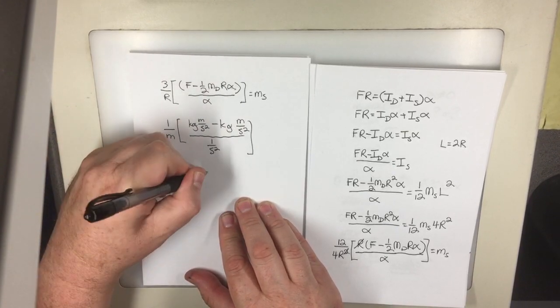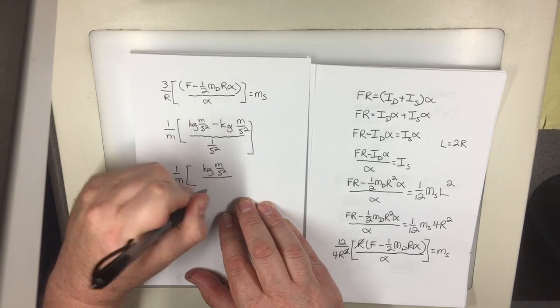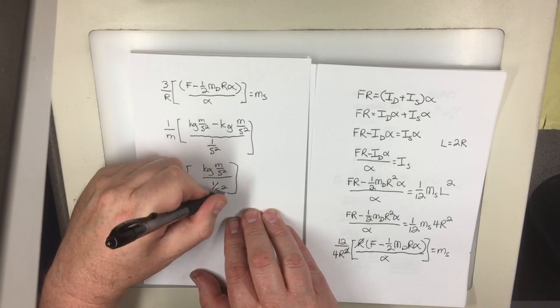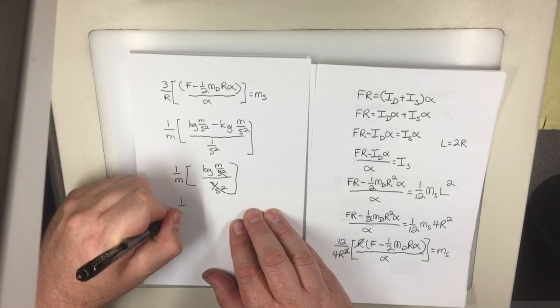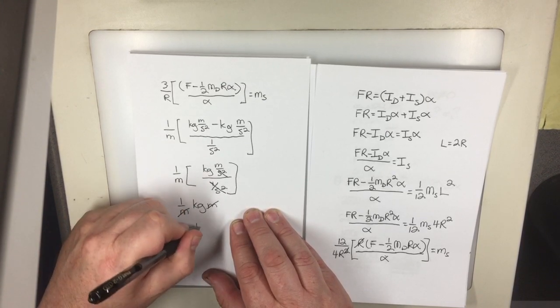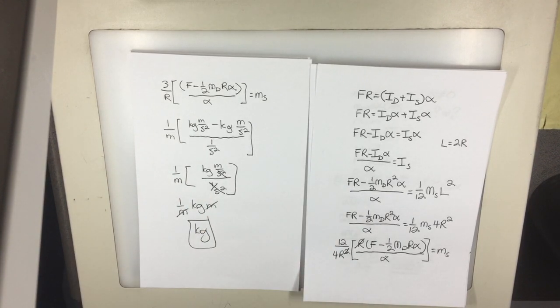This minus this will give you something of the same units. Kilograms, meters, second squared, over 1 over second squared. That will cancel out with that. 1 over meters, kilogram meter. The units do check. Yes?